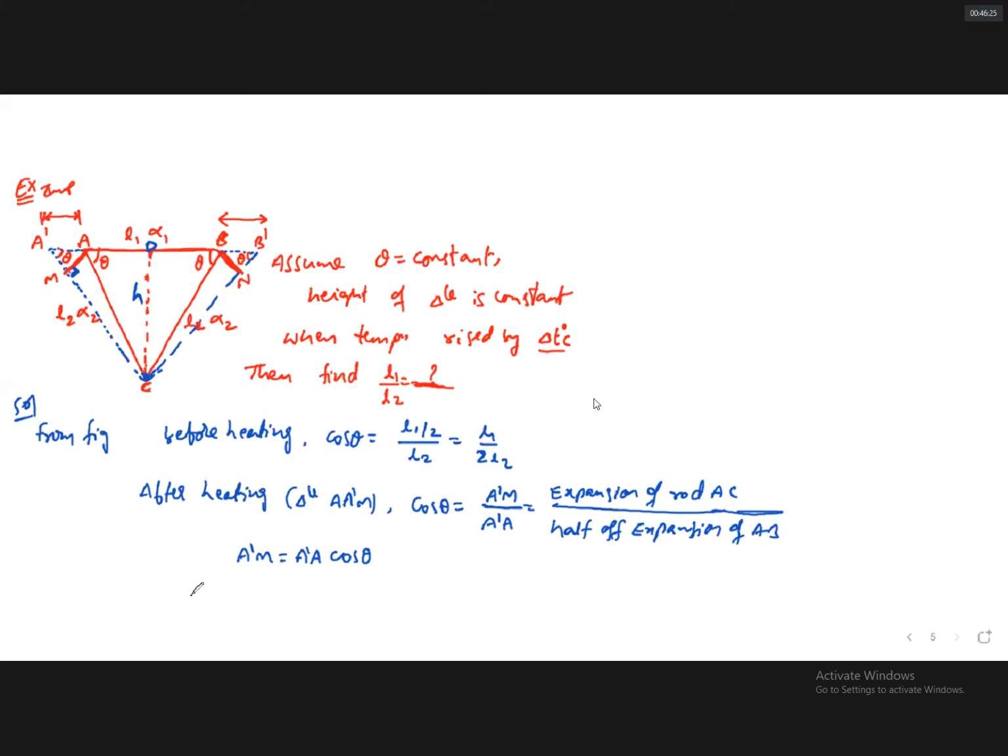A dash M, the expansion of rod AC, is L2 alpha 2 into delta T, and A dash A, the expansion of the upper rod, is L1 alpha 1 into delta T by 2. Cos theta we get as L1 by 2L2.